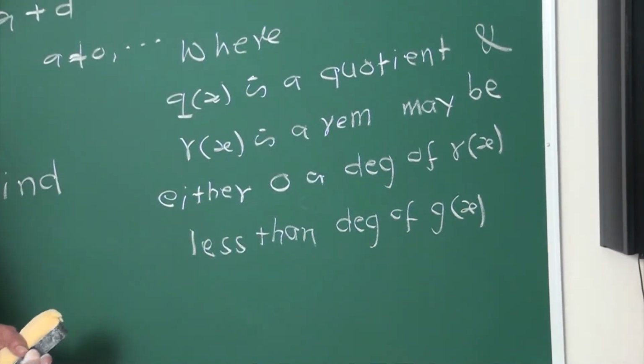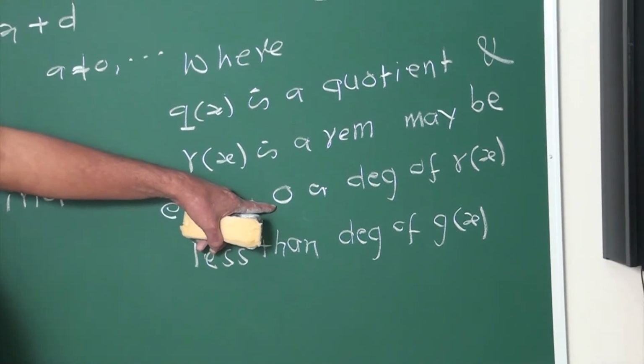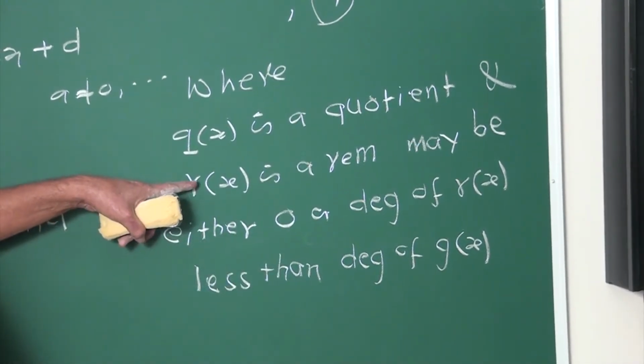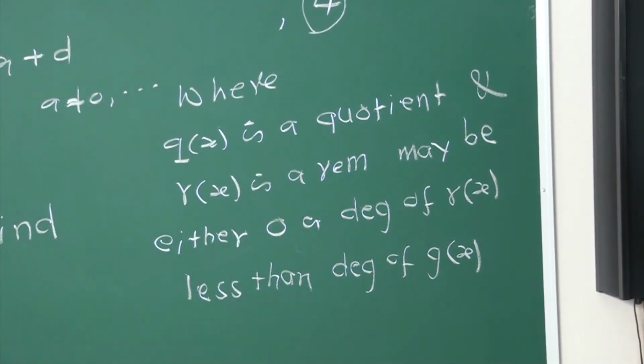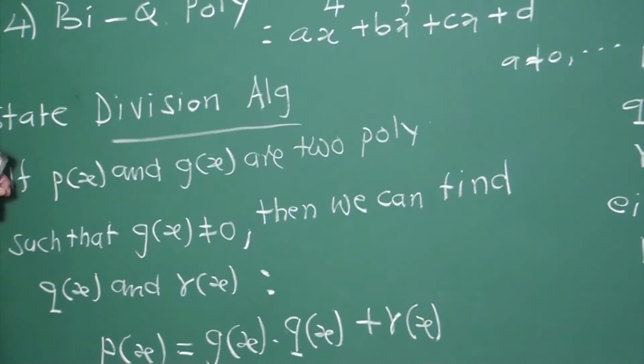The remainder is either 0, otherwise the degree of the remainder is less than the degree of the divisor gx. What is this, my friend? Statement of the division algorithm.